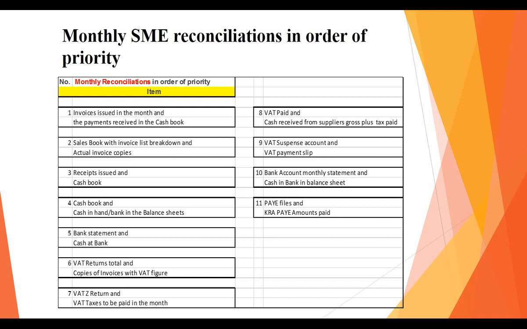And there are like 11 of them. I'll not go into the details because they are in the comment section link. If you require any update on them or any clarity, just write to us and we'll respond back to you. But reconciliations are very important. These are the ones which will make KRA know that you are keeping your books well and not hiding anything.